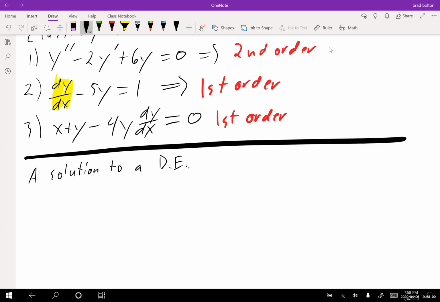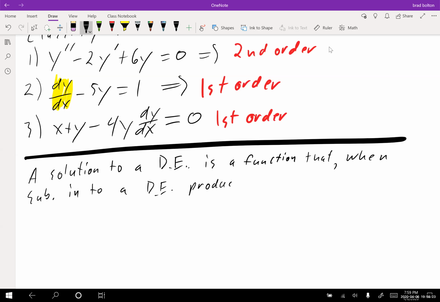A solution to a differential equation is actually a function that, when substituted into a differential equation, produces an identity.